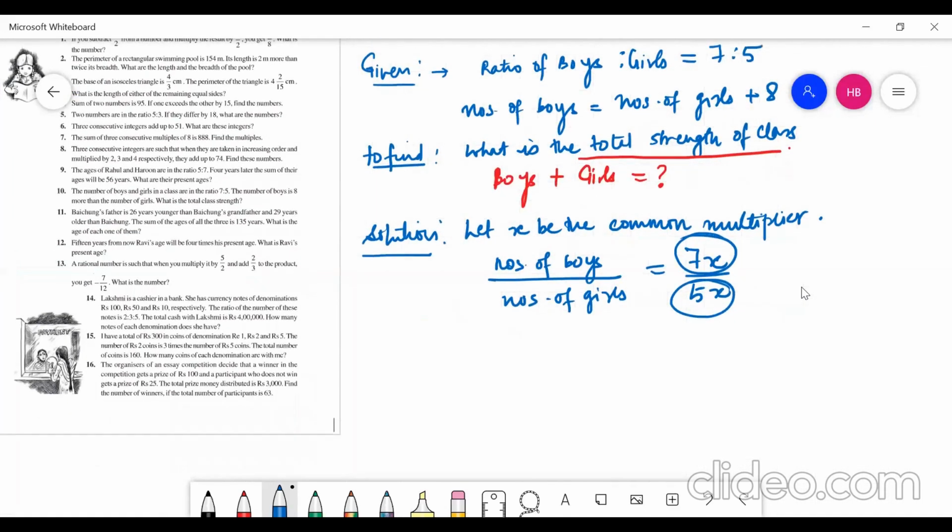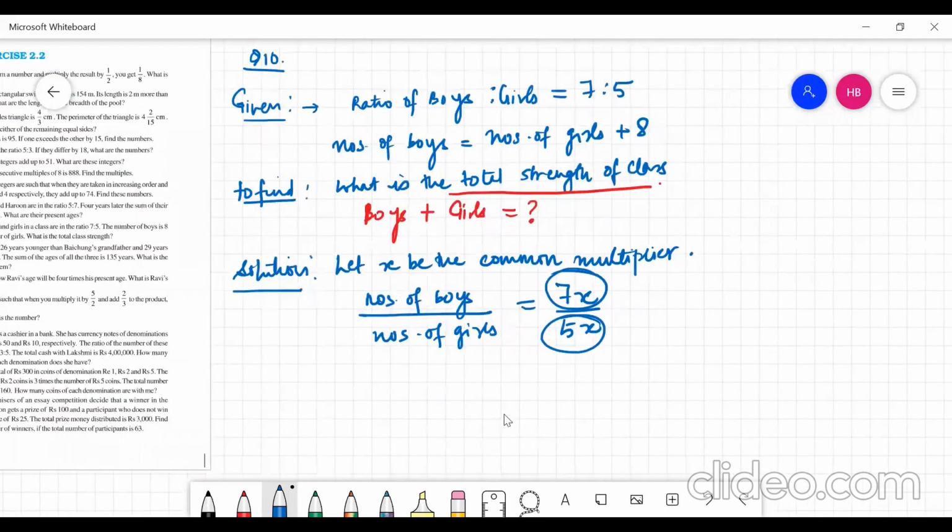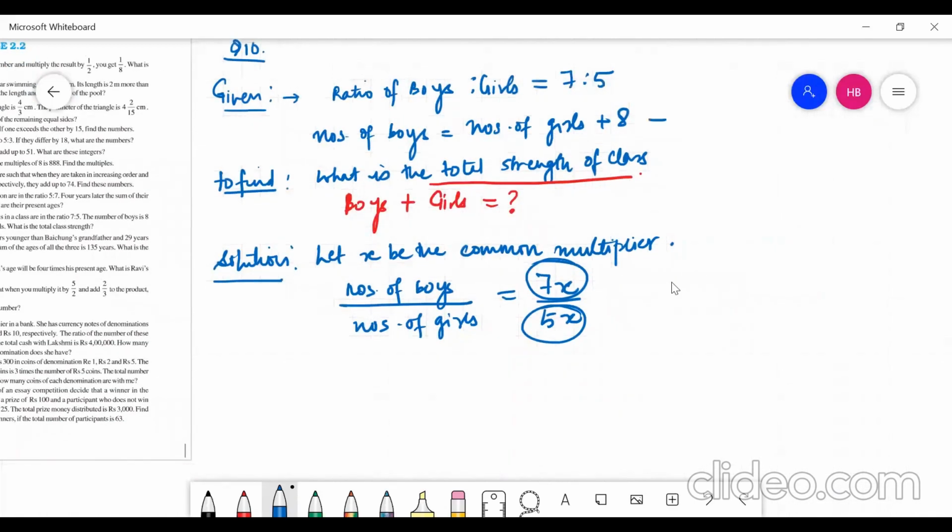Given that, now I'm just going to put these values in this equation. So let me mark this equation as 1. So I'm going to put the values of boys and girls in equation 1.